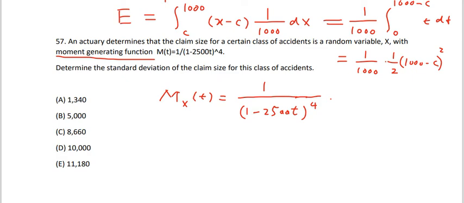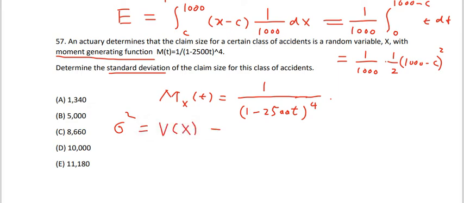We know this random variable's moment generating function. What we want to find is the standard deviation. To find the standard deviation, we want to find the variance sigma squared of this random variable.